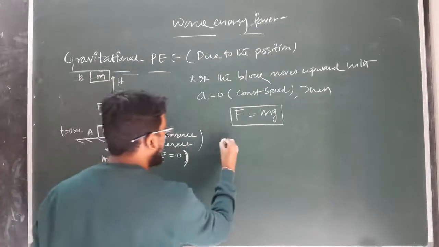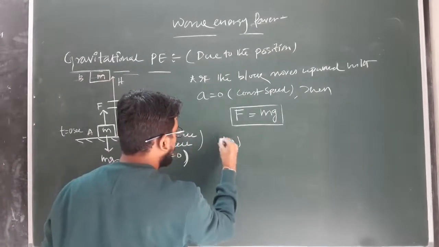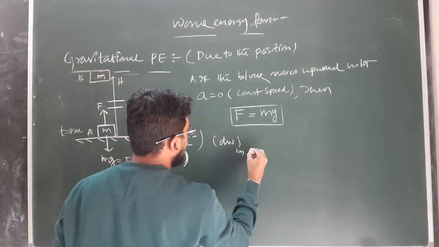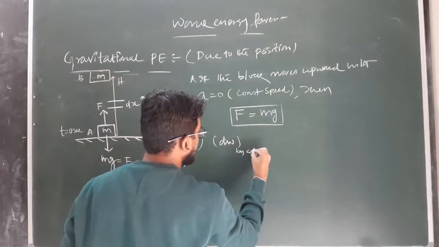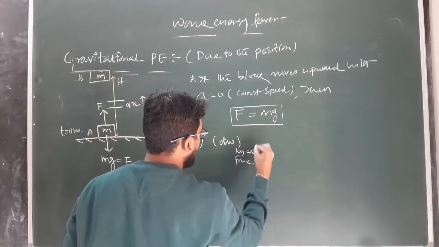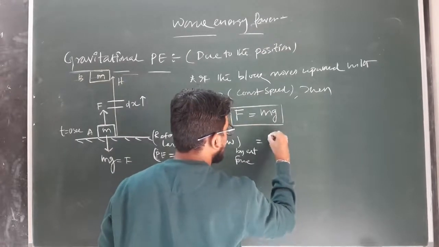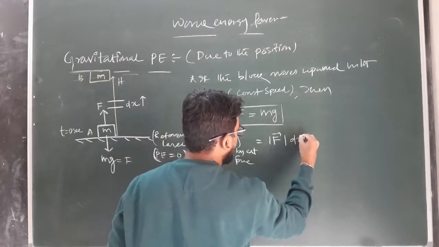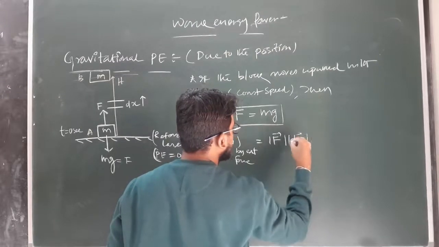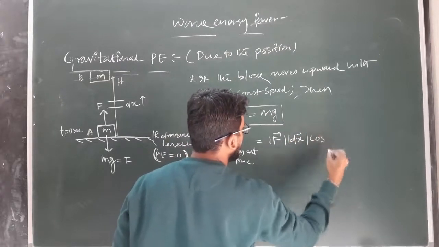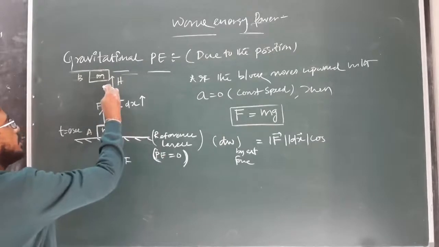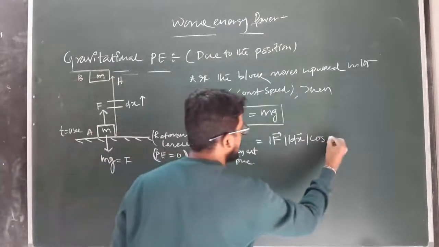So the small amount of work done dW by the external force will be equal to how much? The amount of external force into the magnitude of the displacement dx into cos of the angle between the displacement and the applied force. As both are in the upward direction, it will be 0.